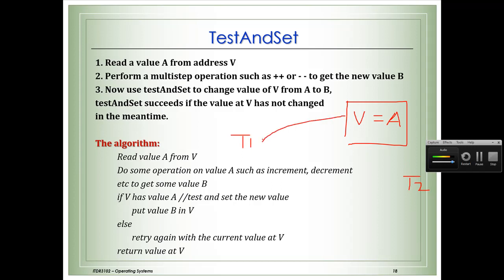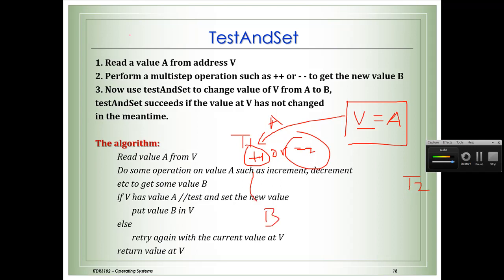Now T1 reads this data from the memory location V, the value is A, and it does some operation, plus plus or minus minus. It is doing some arithmetic operation so that it gets a value B. A is changed to B.